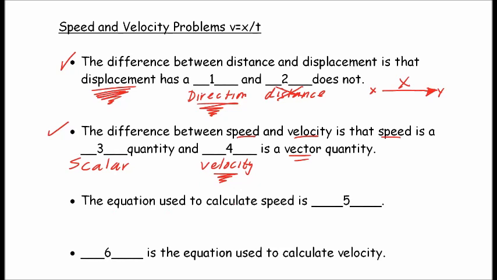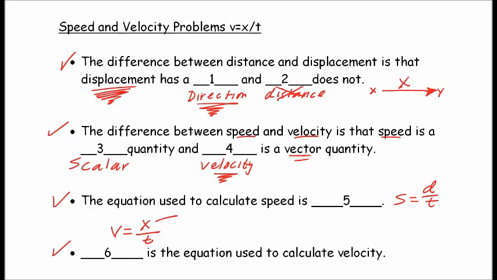The equation used to calculate speed is simply speed equals distance over time. It's actually distance over change in time, or simplified distance over time. But the equation used to calculate velocity is equal to change in position, or displacement, divided by time.